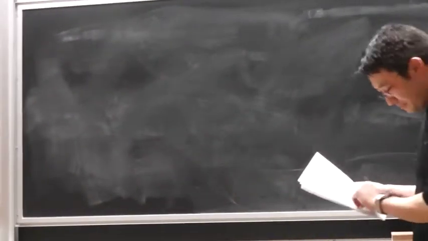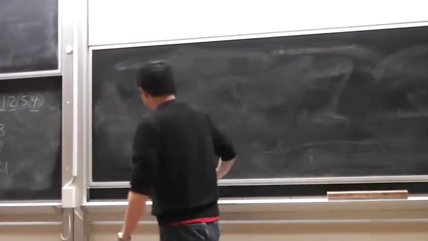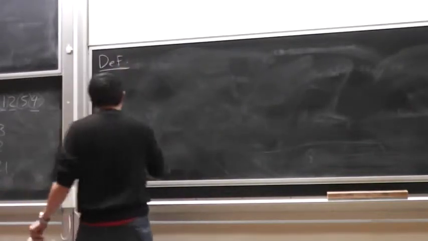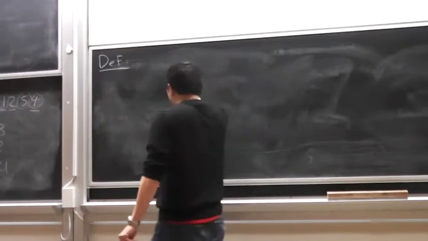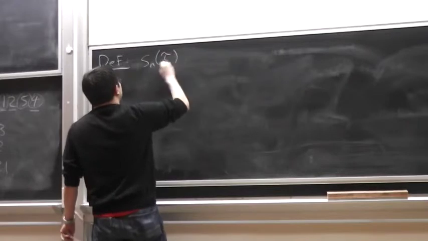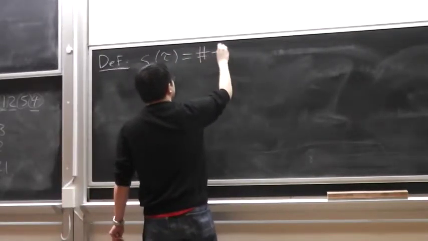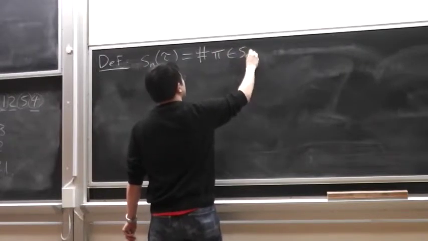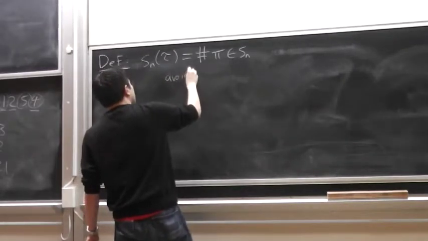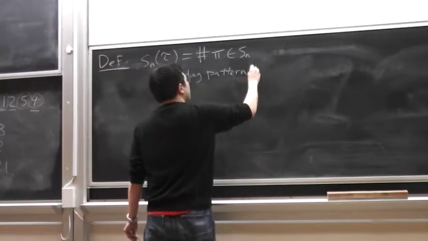All right. Now, just a bit of notation. I'll define S n of tau to be the number of permutations of length n avoiding the pattern tau.